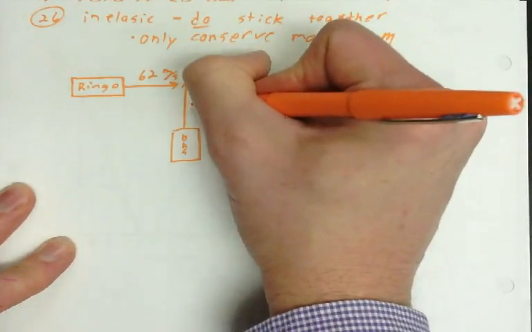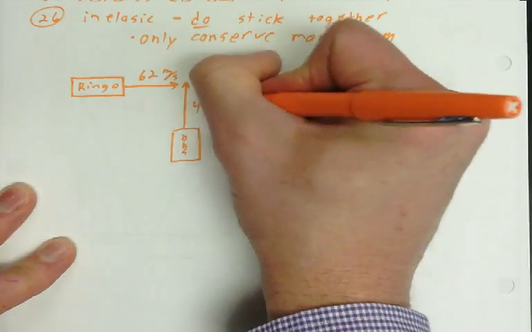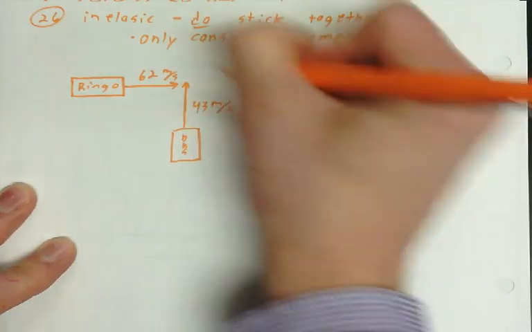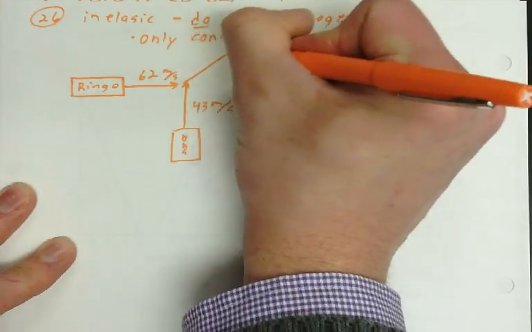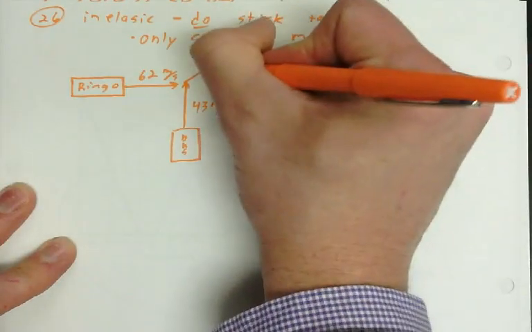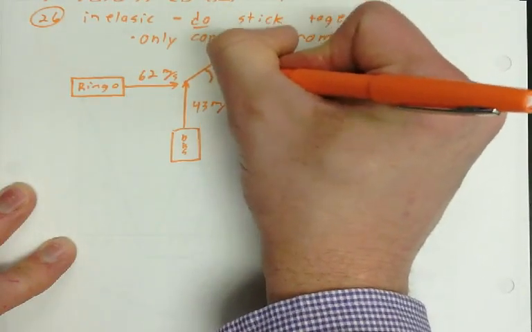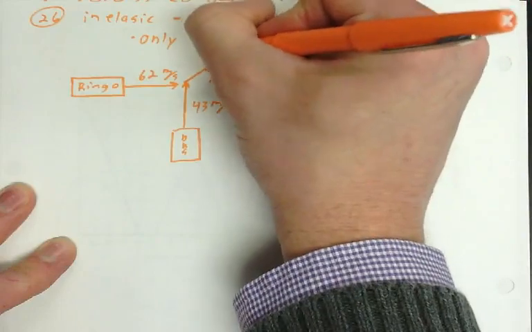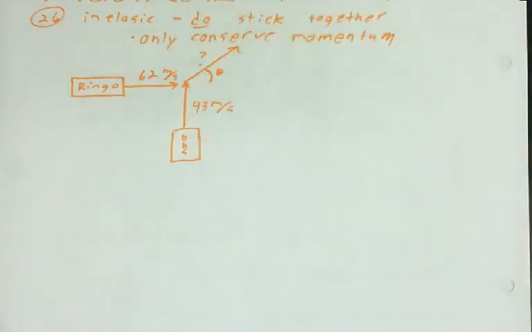That is at 43 meters per second. And then they're going to hit each other and they're going to go off at some angle. I don't know what that angle is, and I don't know how fast that is. And that's what I want to know. I want to know both those things: the angle it's going at, and how fast it's going.